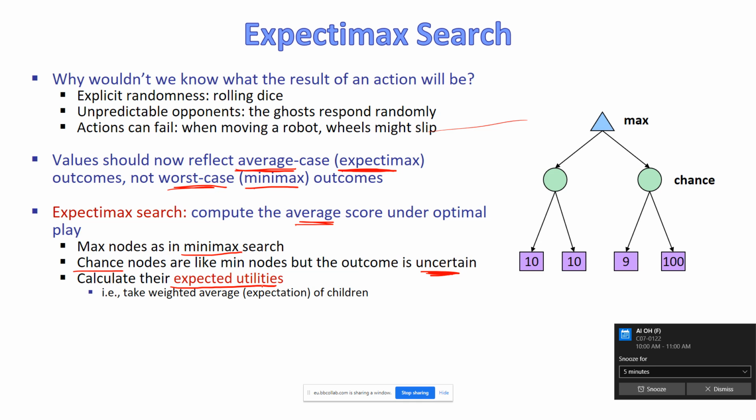The expected utilities will be the weighted average of the children. Weighted average means expectation, if you remember from statistics, and that's why it's called Expectimax. Max is our agent, and the expected case, the expectations that will be computed, will be on the opponent.